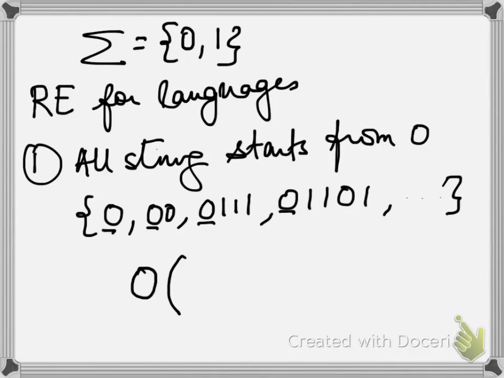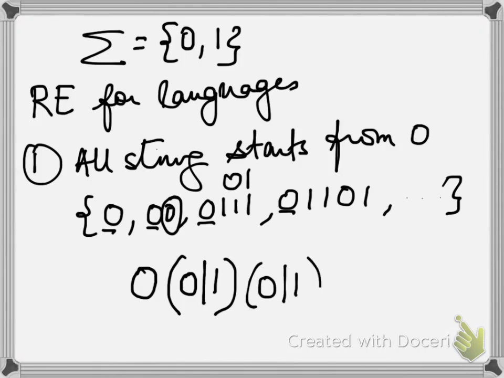Here I may have a 0, or another valid string would be 0 1. After this first 0 I can have either a 0 or a 1. Then after this also I can have either a 0 or a 1. It can go on like this.